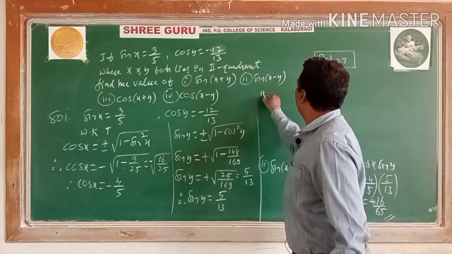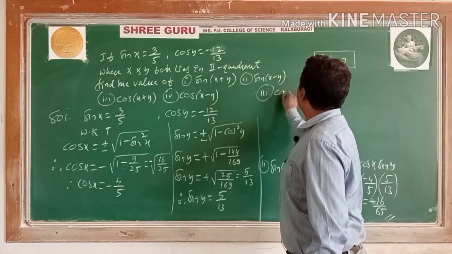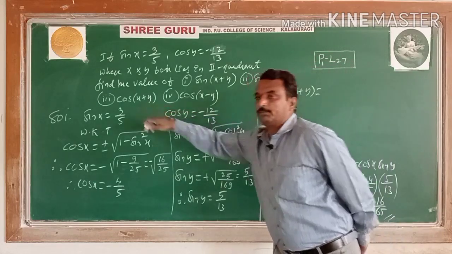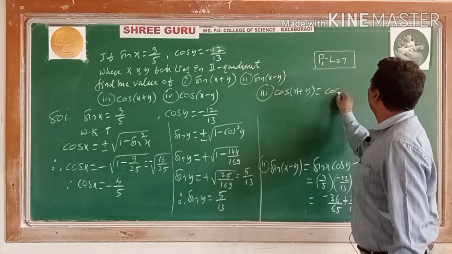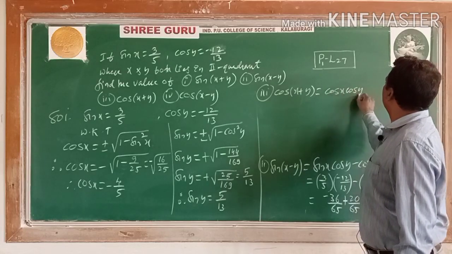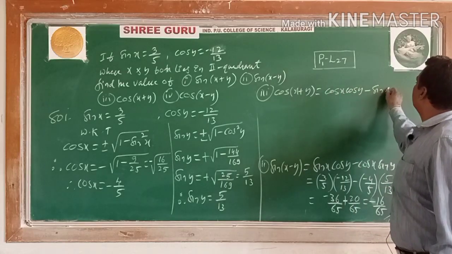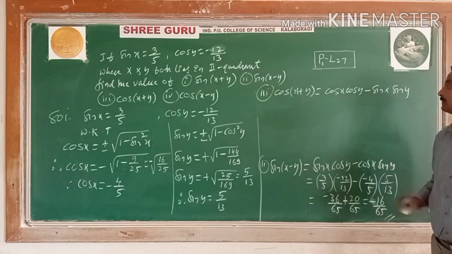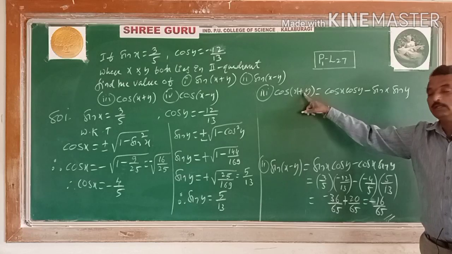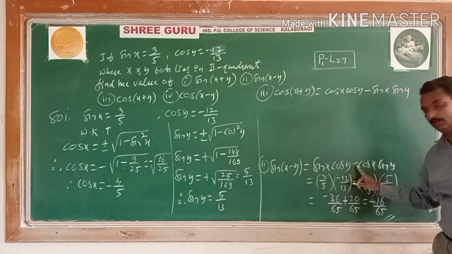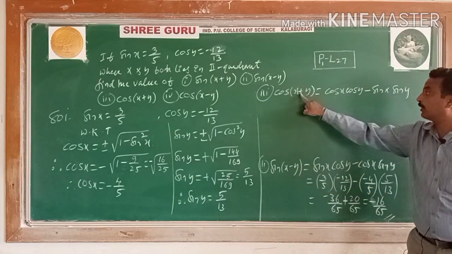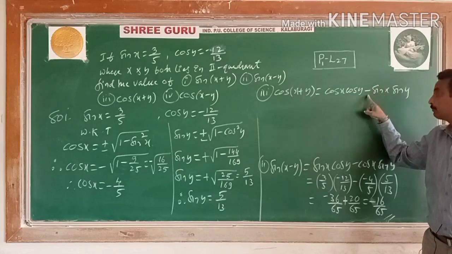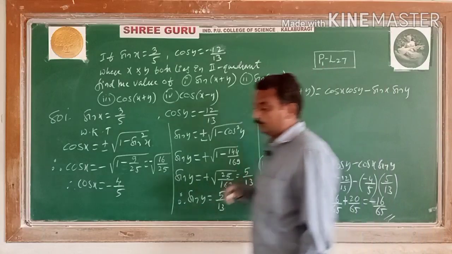See the third one: cos of x plus y is cos x cos y with the opposite sign, sin x sin y. This is the difference between the cos sum and the sin sum. For sin the sign stays the same, but for cos it is opposite, so you should remember that.